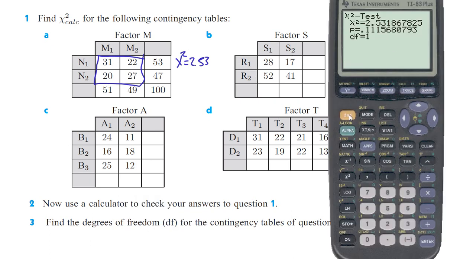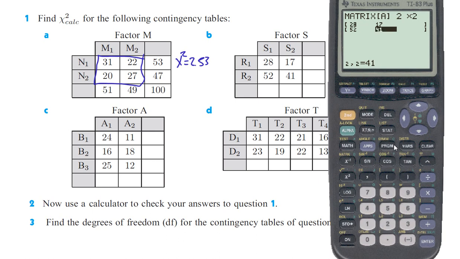All right, let's try some more here. For this one, go back into matrix. We're going to edit, and your best bet is just to always use matrix A. Then you don't have to change anything in your calculation piece. So this is also a 2 by 2. We'll do 28, 17, 52, and 41.